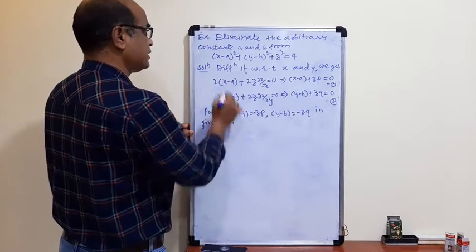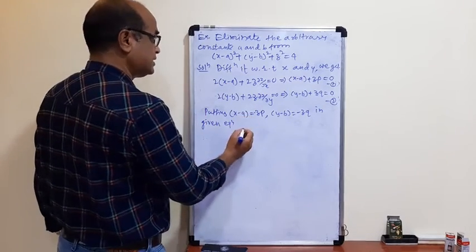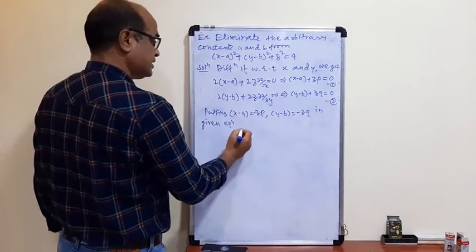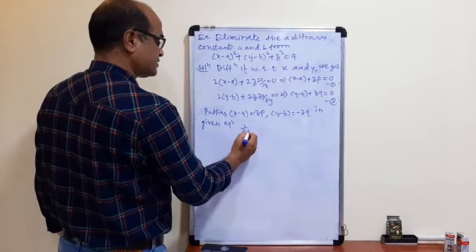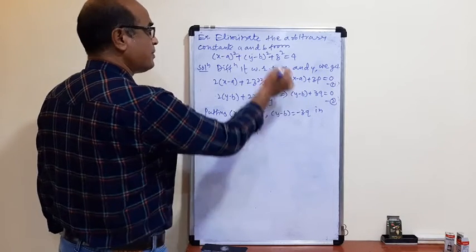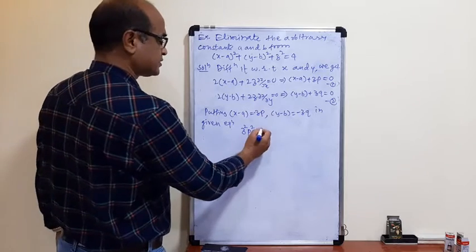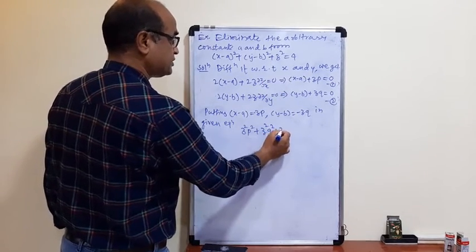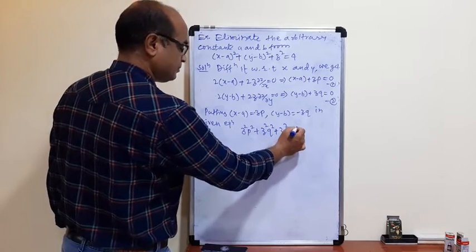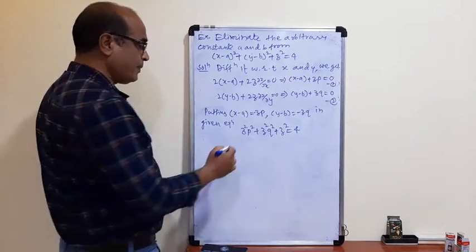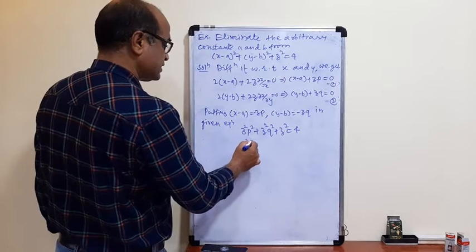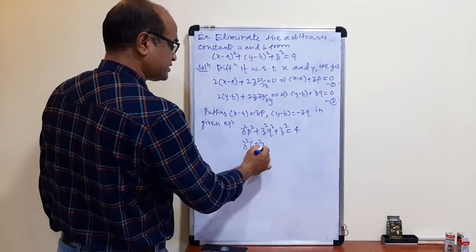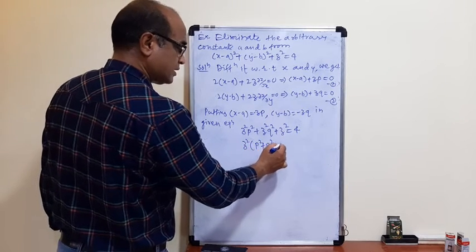So x minus a squared is z squared p squared, plus y minus b squared is z squared q squared, plus z squared is equal to 4. So this is z squared into p squared plus q squared plus 1 is equal to 4.